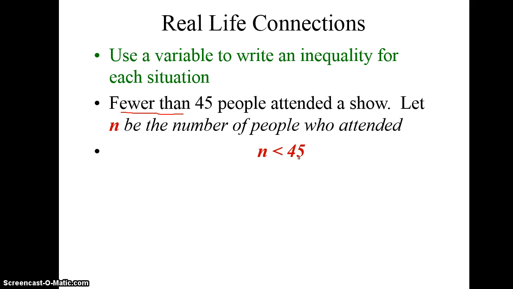Since 50 people didn't attend, but possibly 30 did, 30 is a number that is less than 45. If I put it right here, 30 is less than 45, that would be a true statement. So that tells me that my inequality is correct.